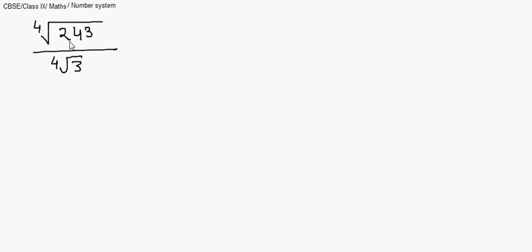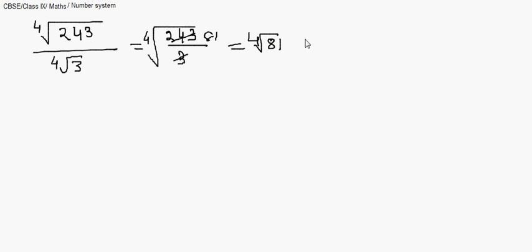We have written previously that root a by root b can also be expressed as whole root over a by b. So in this case, a by b is 243 upon 3. Now 243 upon 3 is giving us 81. So fourth root of 81 I think is 3.